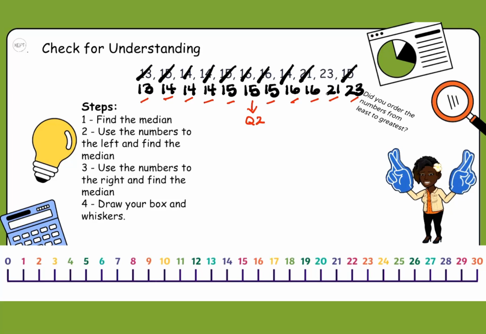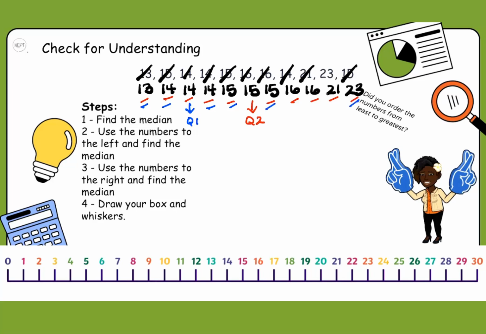Now we're going to work on the left side of our data and find the median, lowest, highest, lowest, highest. Our Q1 is 14. Now let's look to the right side of our data and find the median for those values.